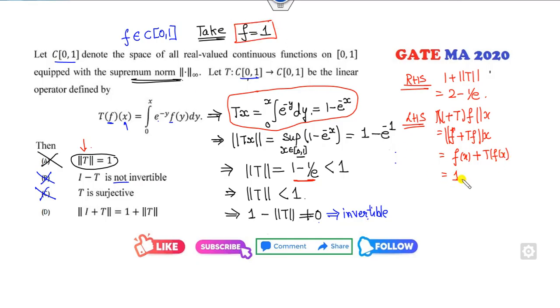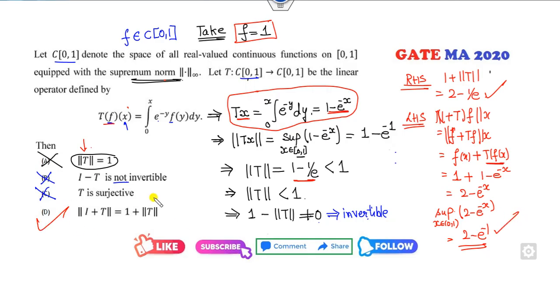So it is 1 plus T of fx. What is the T of fx? This value I have computed as 1 minus e raised to power minus x. So it is 2 minus e raised to power minus x. I can define the supremum norm. What is the supremum norm of this when x belongs to [0, 1]? Again it is 2 minus e raised to power minus 1. Both are the same, so the right answer is D.